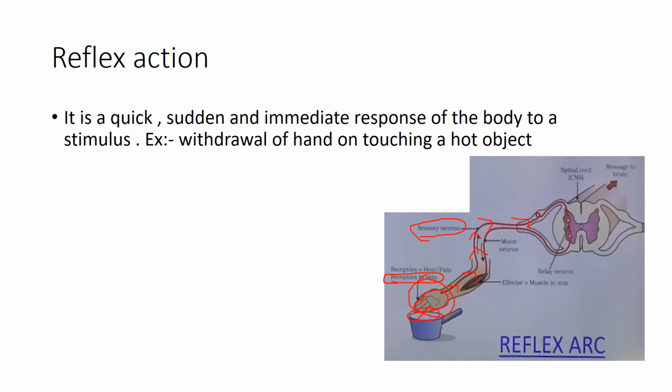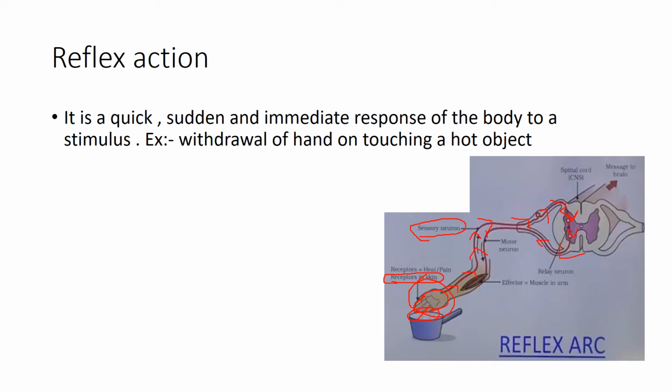The sensory information goes to the spinal cord. It does not go to the brain. The spinal cord takes the decision, because if it goes to the brain and then the message comes back to the hand, it will take too long. So the spinal cord takes the decision and sends it through this motor neuron.